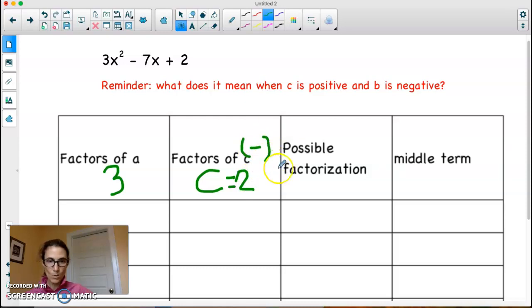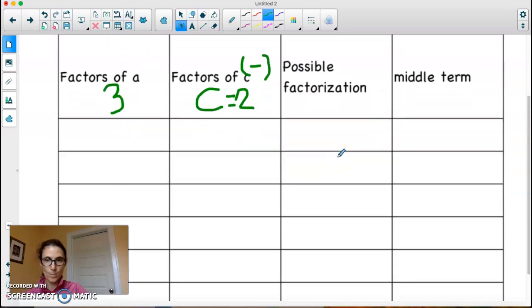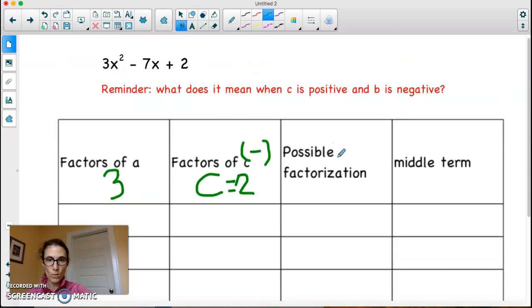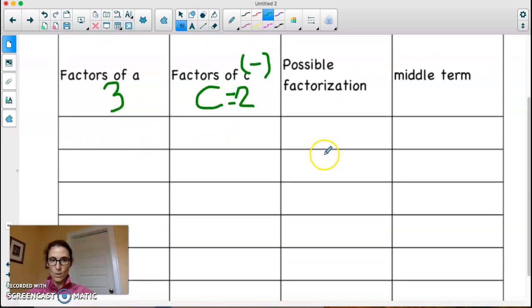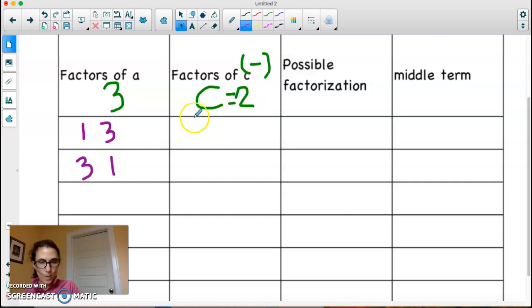Okay, so let's try this. We're looking for a middle term of -7. Our possible factors of A would be 1 and 3, and 3 and 1. We have to do them in separate orders.